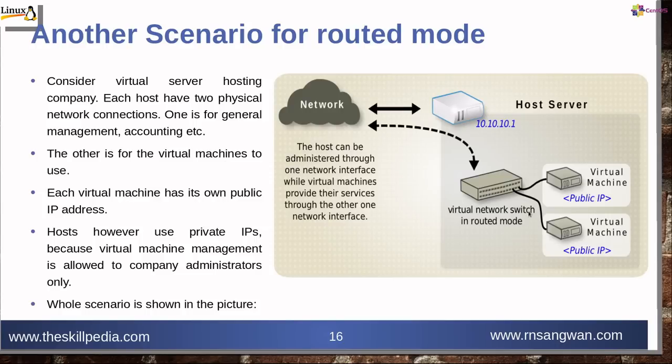Each virtual machine has its own public IP address also, meaning this machine is reachable from the outside world. Hosts, however, use private IPs, because virtual machine management is allowed to company administrators only. So in this case, the machines will interact with each other using isolated mode, and the outside world will reach these machines using routed mode. So this is a typical use case where we can have two different types of networks for accessibility to the outside world from the virtual machine.